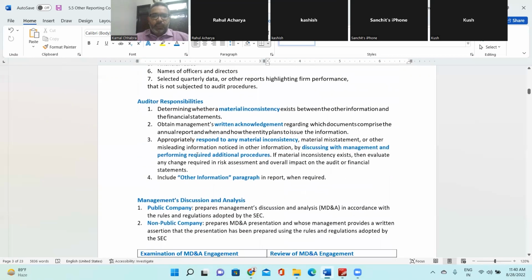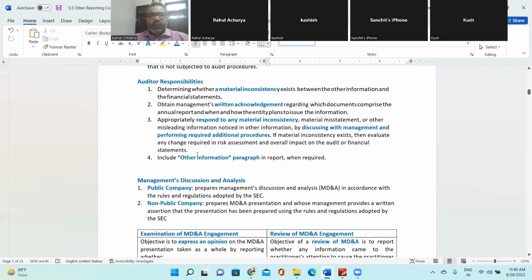First is determining whether a material inconsistency exists between the other information and the financial statements. Was there any material inconsistency between what you audited and what management is presenting in the other information section? If yes, then it's your responsibility to identify that.